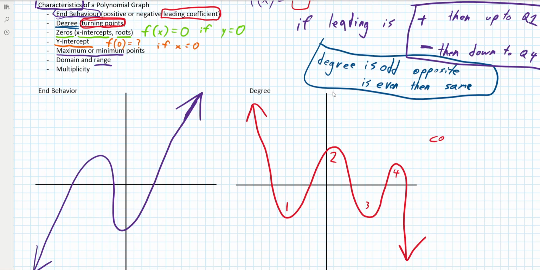So count turning points, and add 1. Okay, so for your degree, this one has a minimum degree of 5. And we would say this has an end behavior of quadrant 3 to quadrant 1.